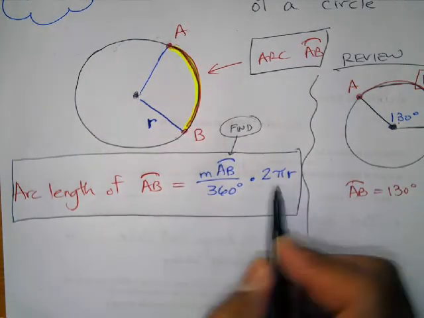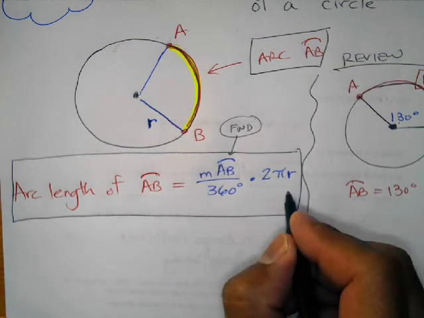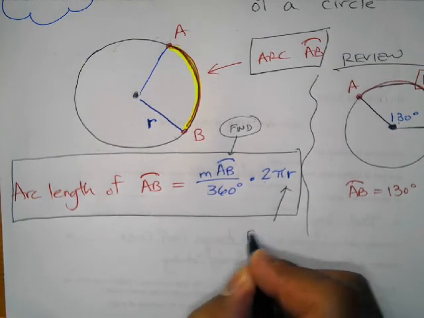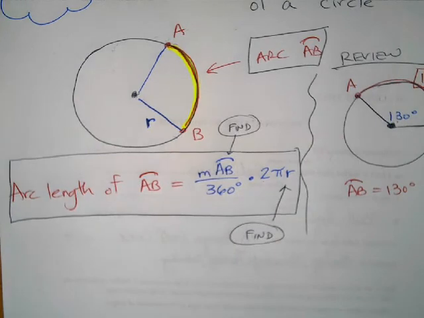You have to find the angle. You don't need to find 2, you don't need to find pi, you don't need to find 360, and then you just need to find the radius. So those are the only 2 things you're going to need. Once we put all the numbers in the formula, it's going to be easy.